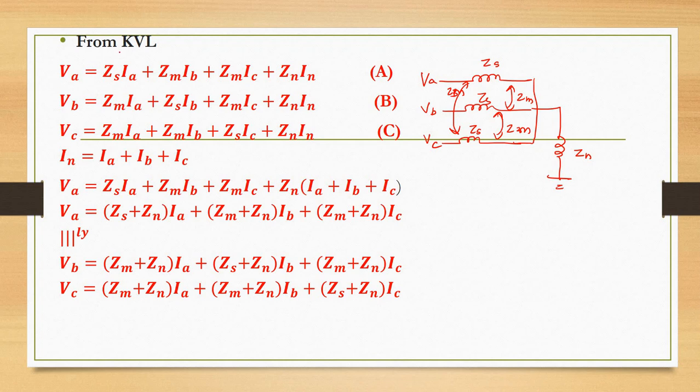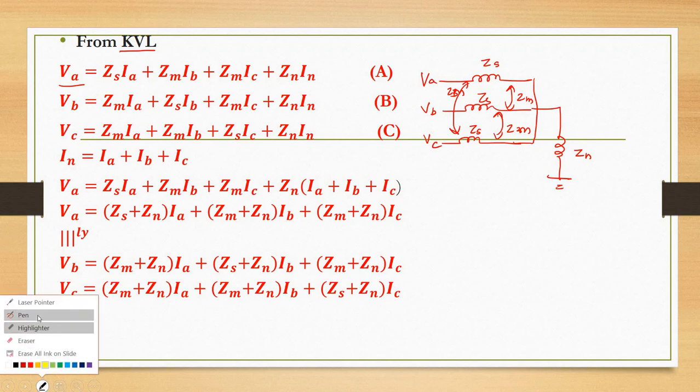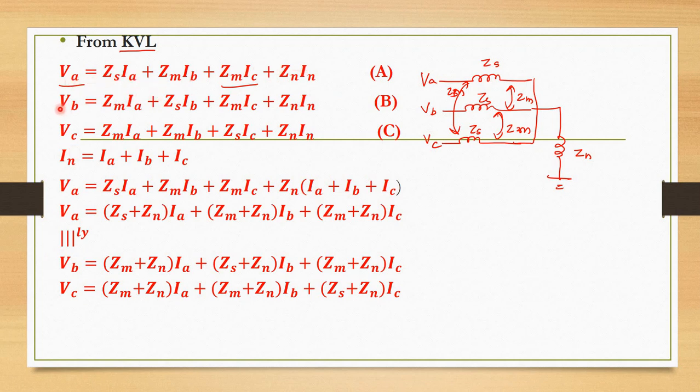From KVL, VA equal to Zs into IA plus Zm into IB plus Zm into IC, plus Zn into In. This is the equation for voltage VA using KVL. And then VB: Zm into IA.